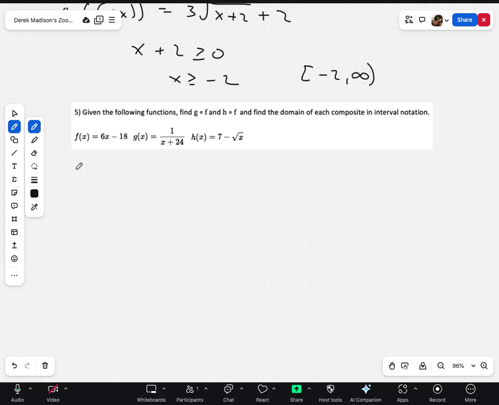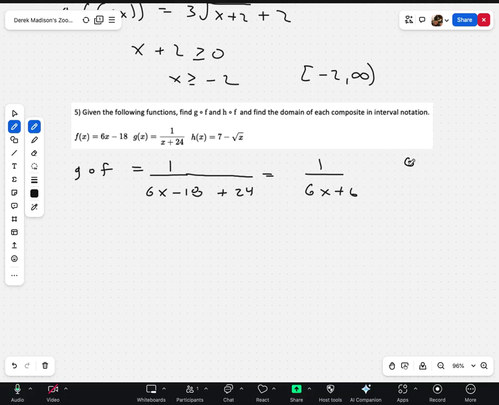Okay, so for g of f, there's g, there's f, so g of f would be 1 over 6x minus 18 plus 24. So this is going in for that x. So 1 over 6x plus 6.